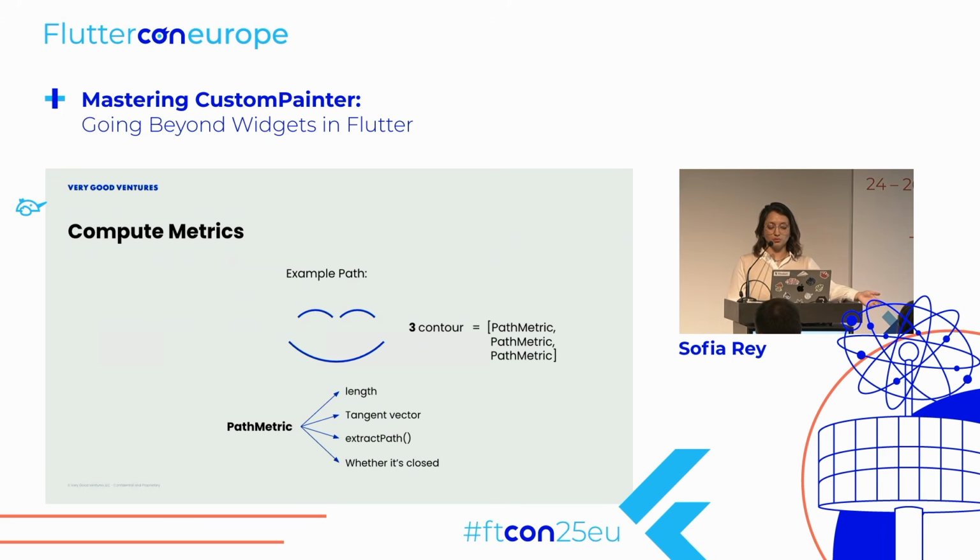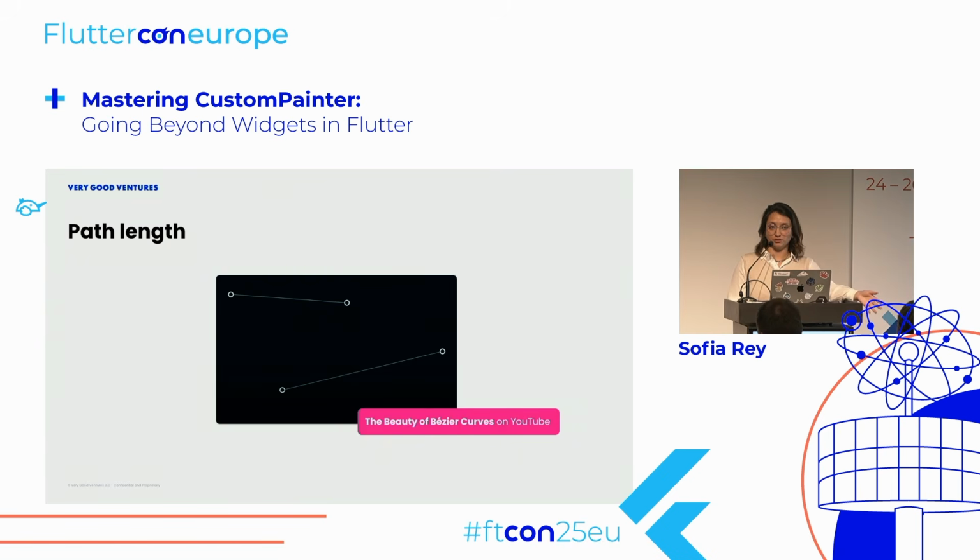So you may wonder what's the length of the path. To calculate it, Bezier curves have the flaw that you can't actually know the exact length of it, but you can get a very good approximation by doing short, straight lines, getting the length of them, and then adding them together to know the approximation.